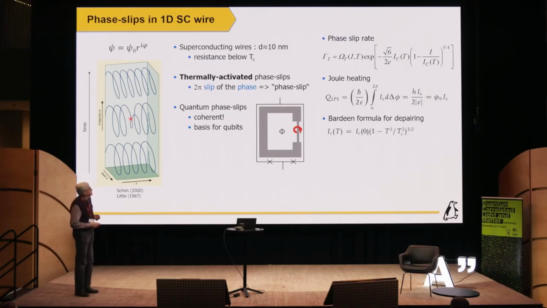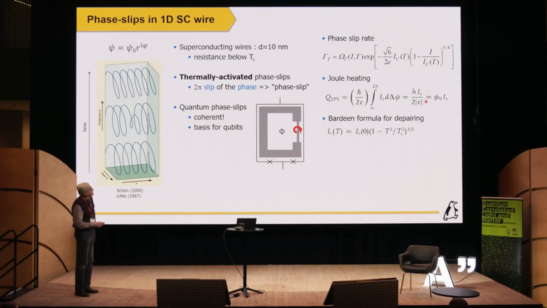And now, just to give a background of why we think that we can have bunching of these phase slips. Here are a few formulas. So there is a phase slip rate, which depends strongly on the critical current, which depends on temperature. And now, when you have phase slip, you will have heating in your system. And then the question is, what is the heat capacity of your system? How much will the temperature increase by one phase slip?